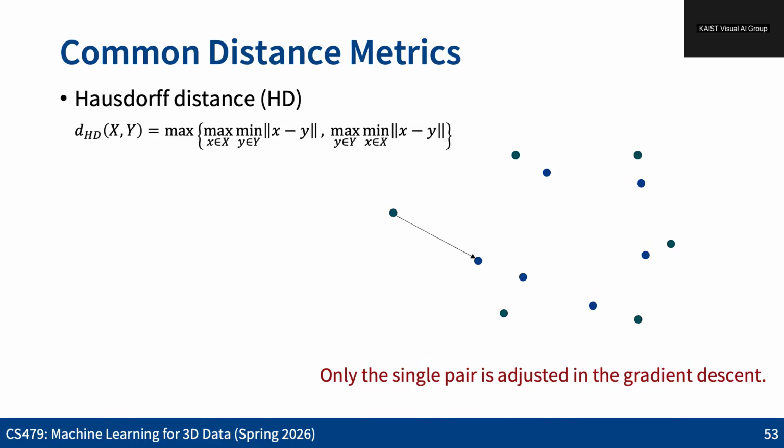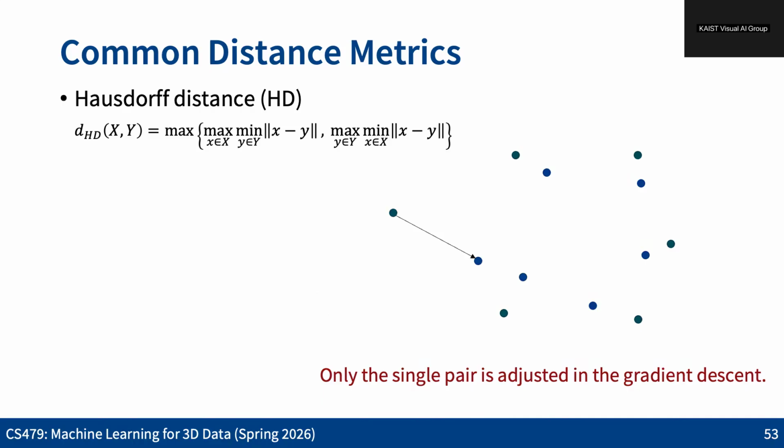So let's say X is one point cloud, Y is another point cloud. For each of the points in X, we find the closest one. For any of the green points here, we find the closest one and check the maximum of the minimum distance. Make sense?